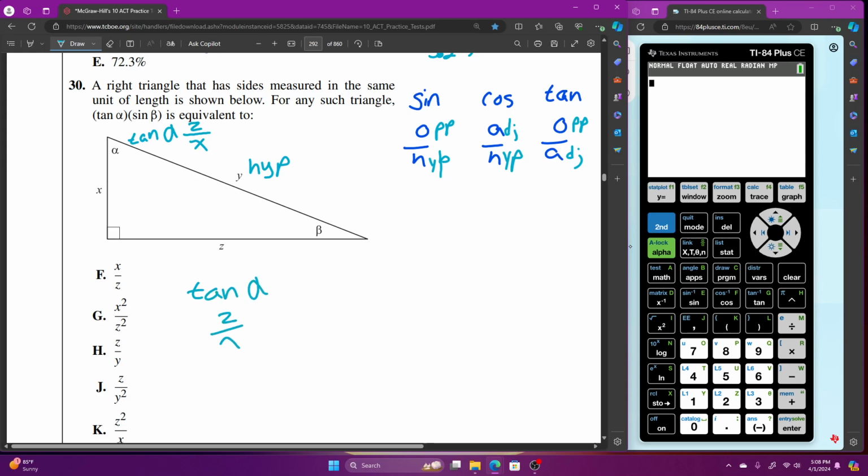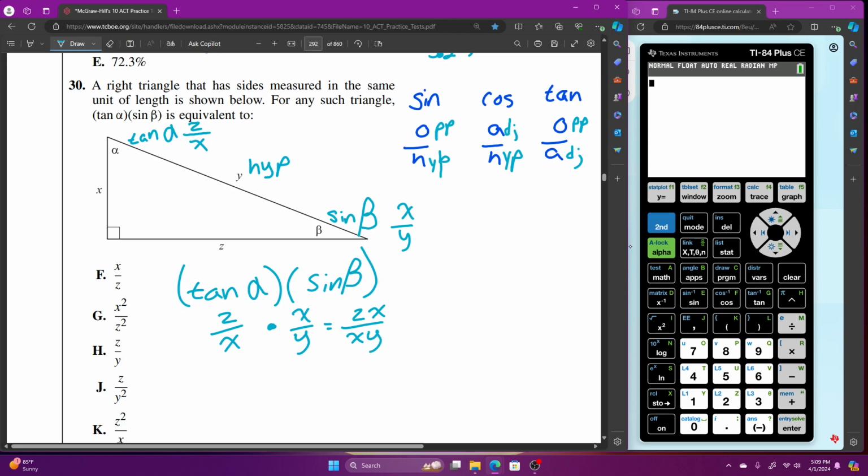Z over X, and your sine of angle B, sine is opposite over hypotenuse, Y. And that's going to be Zx over xy.